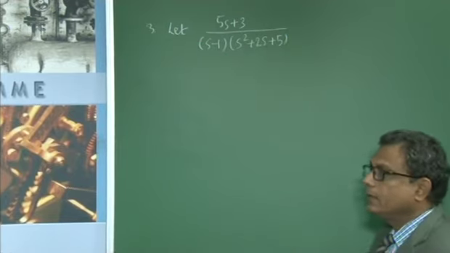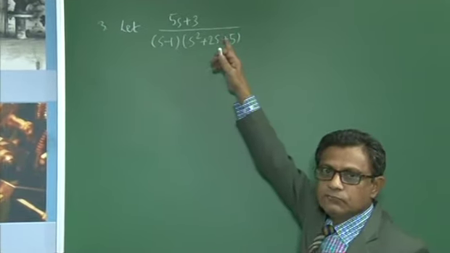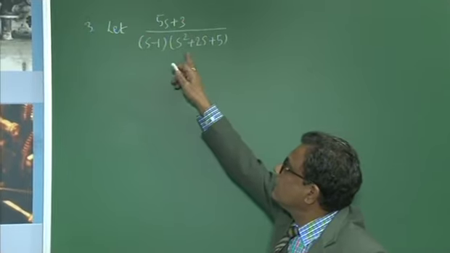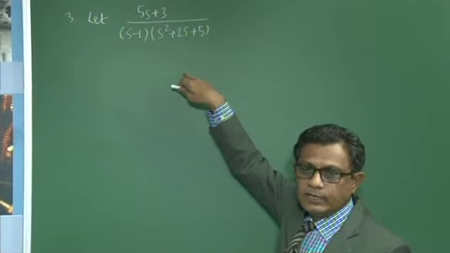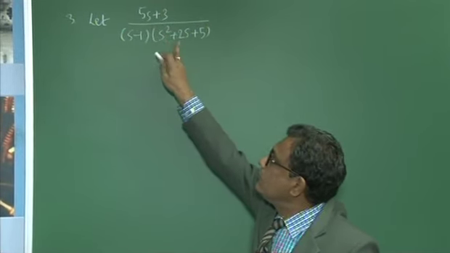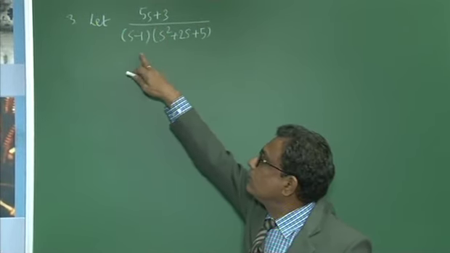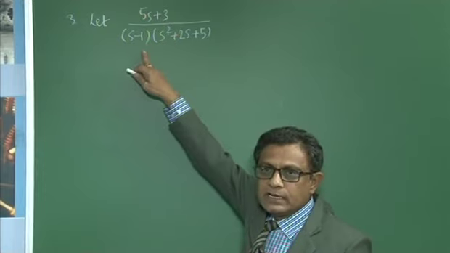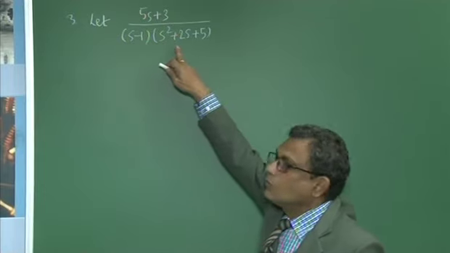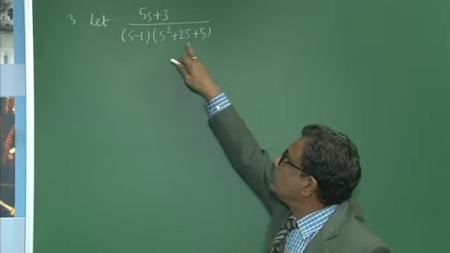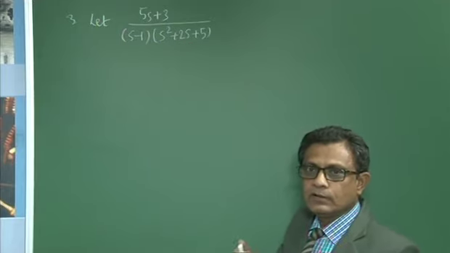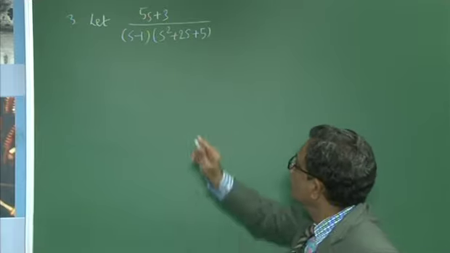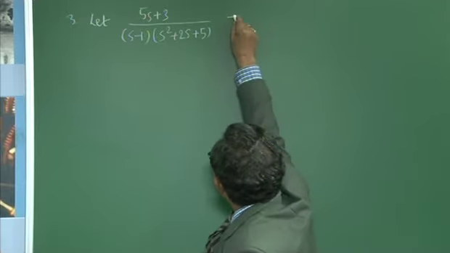Here the degree of the numerator is 1, the degree of the denominator is 3. The degree of the numerator is less than the denominator, and the denominator is a product of the linear factor s minus 1 and the quadratic factor s square plus 2s plus 5. You can use the partial fractions method.